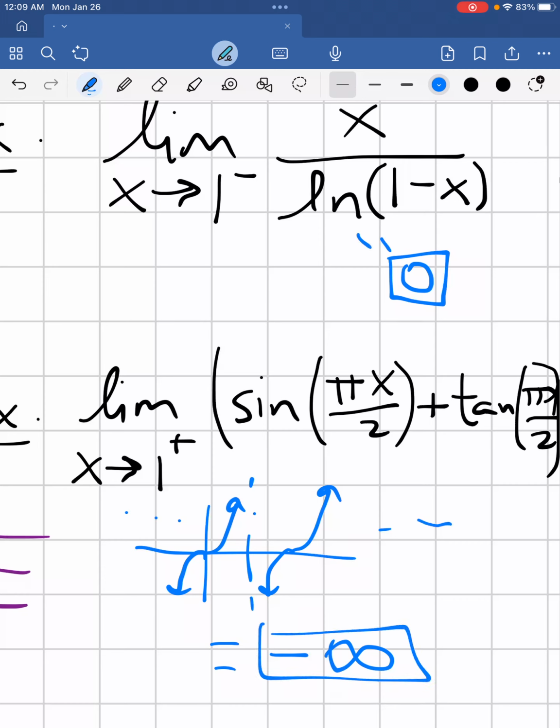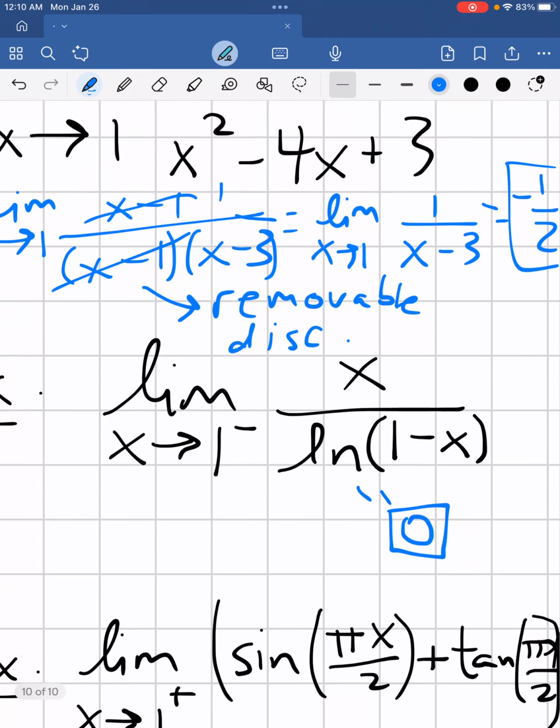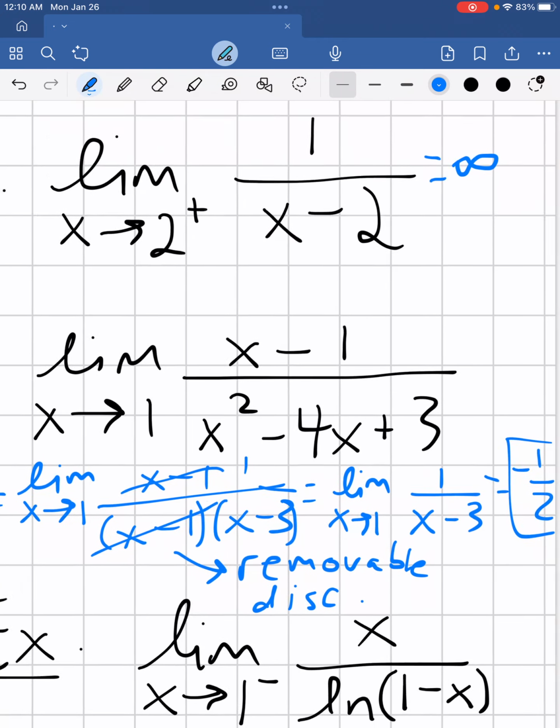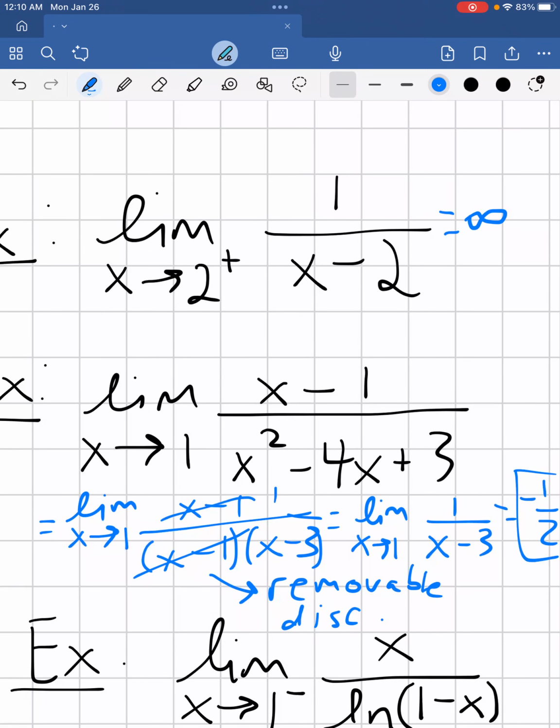So long story short, get to know your asymptotes with logs, tangents, secants, all that. And when you have just regular rational functions, start by looking to see if you can factor anything out. If you can, then a lot of times that results in a removable discontinuity. If you can't, then just think about what's happening within the expression.